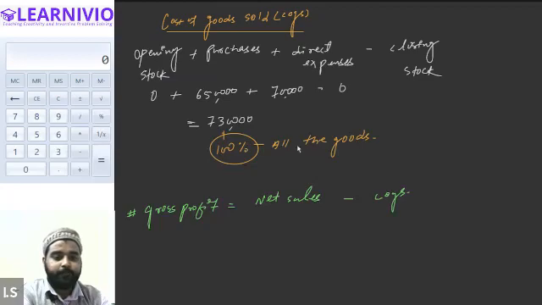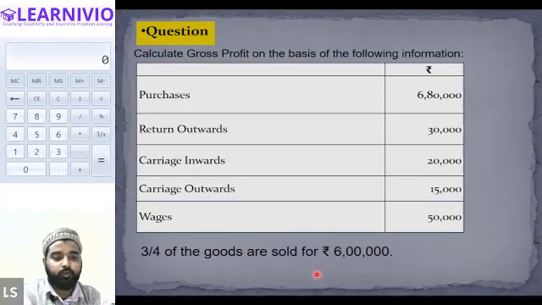But it is given in the question that only 3/4 of the goods produced is sold in the market. It is already given that only 3/4 of the goods are sold for rupees 6 lakh. Are you getting this?